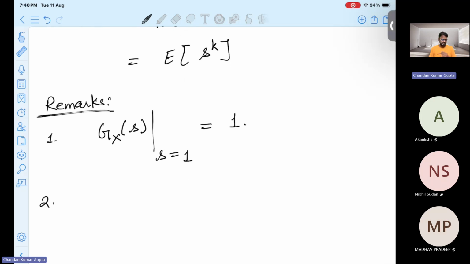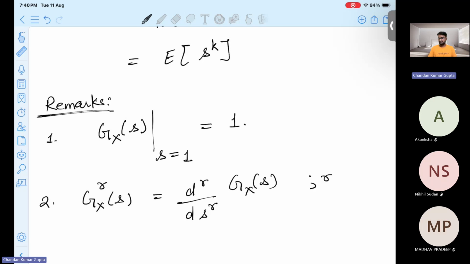Then suppose we write the r-th order derivative of the generating function, that is d^r upon ds^r of G_X(s).